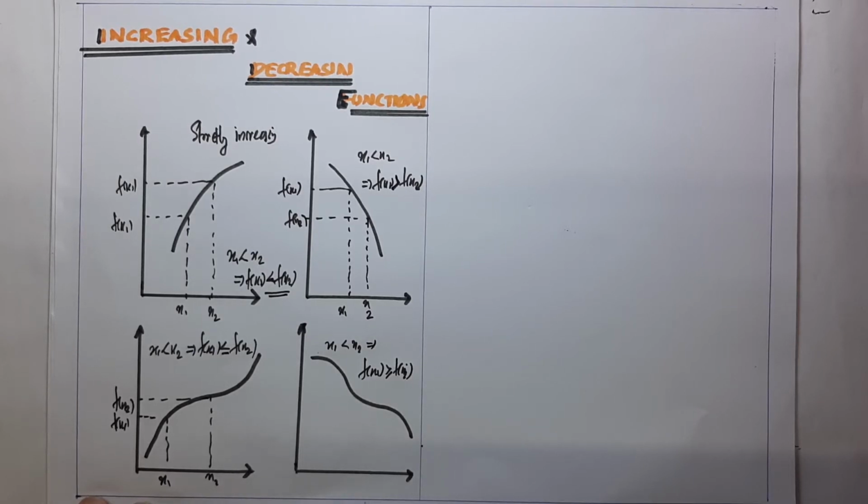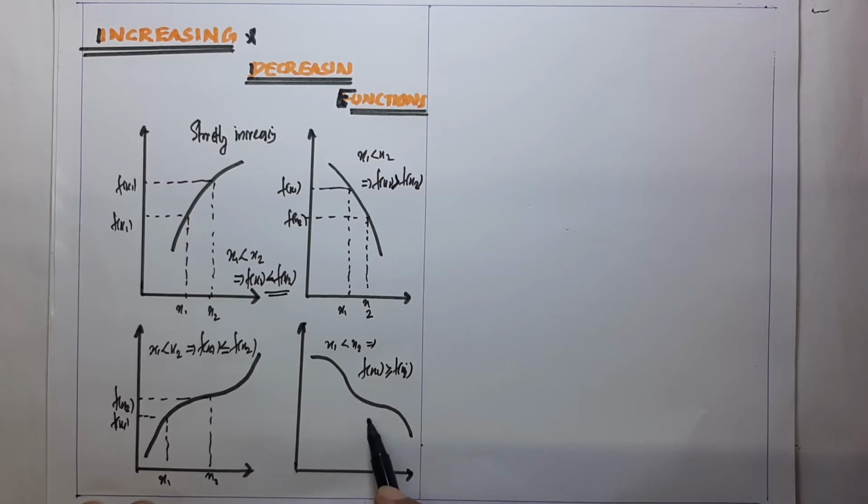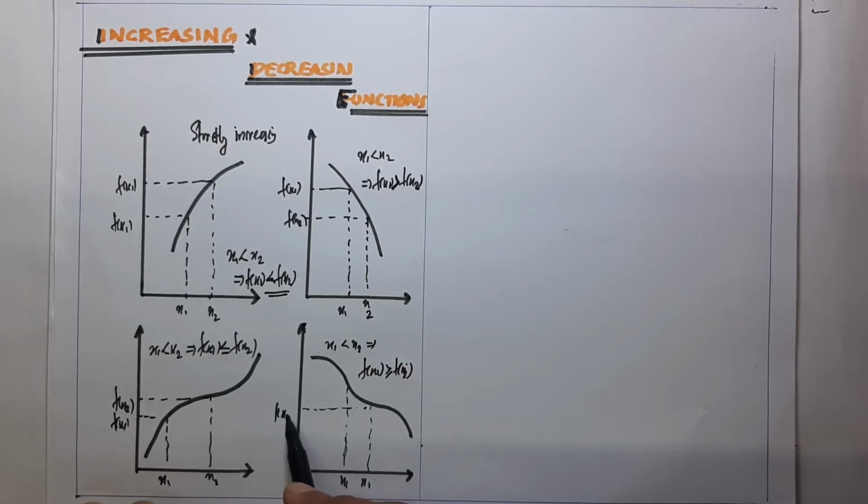These are the definitions regarding increasing and decreasing functions, a very simple, fundamental definition. Here you take x1 and x2, and their images f of x1 and f of x2.